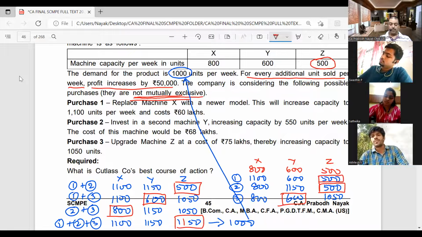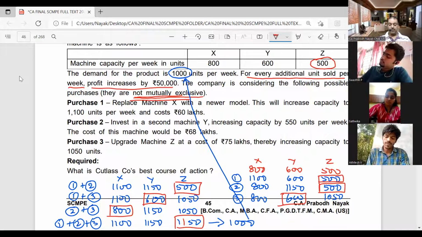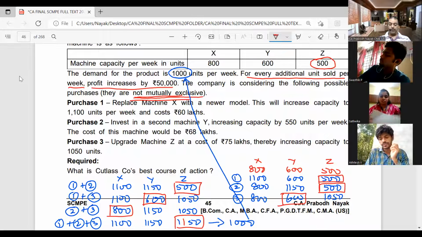Still machine Z will remain a bottleneck resource, restricting the production to 500 units, where the demand is for 1000 units.